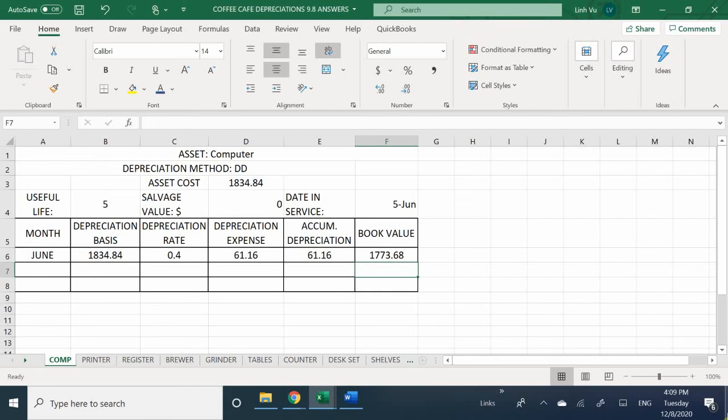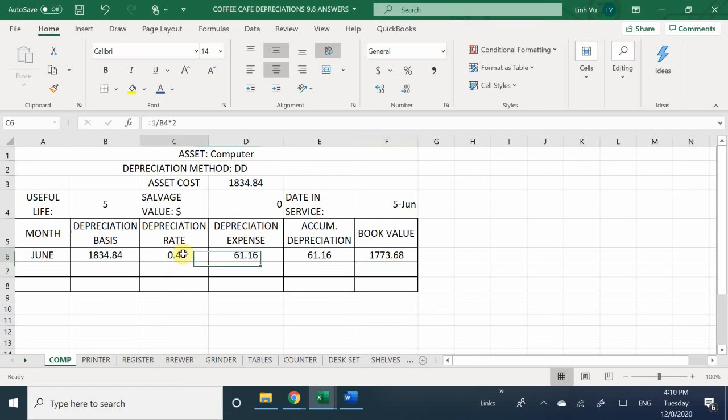Sure. Cost of asset minus the accumulated depreciation. So equals this minus this. Boom. $1,773.68. Yes.